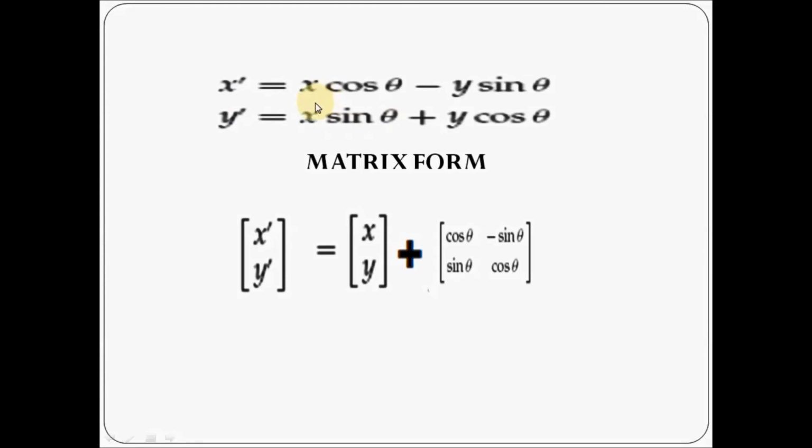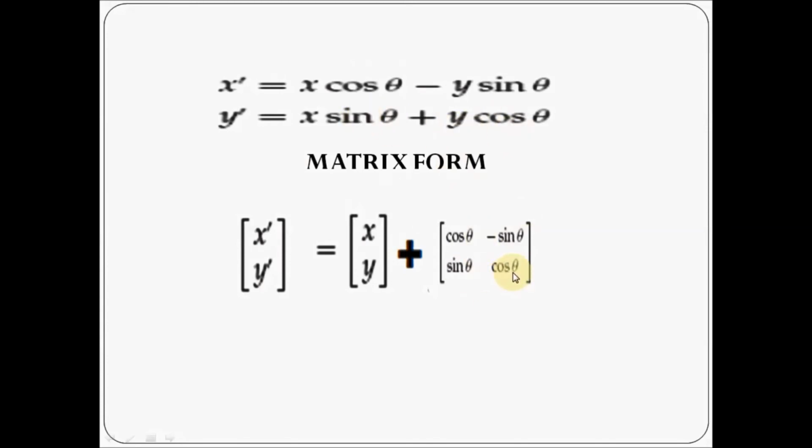Now in matrix form I can write it like this: [x dash, y dash] is equal to [x, y] times the matrix with rows cos theta, sin theta and minus sin theta, cos theta.